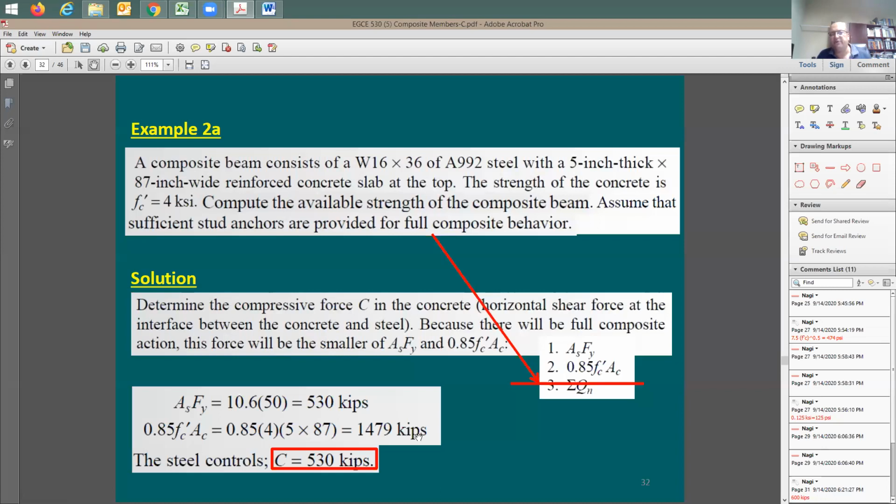I have a question for you before I continue. Should we divide this by n, the modular ratio, or should we not? Someone's going to say, what n? The modular ratio that we used when we had the elastic stress distribution. No, but I'd like to hear from you.